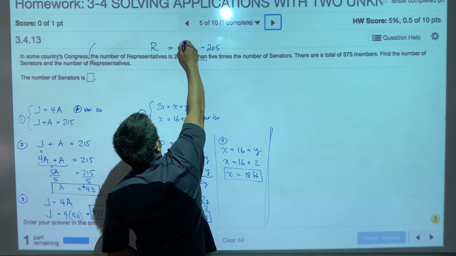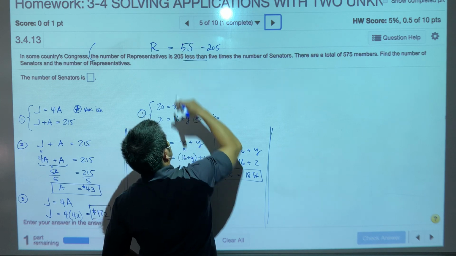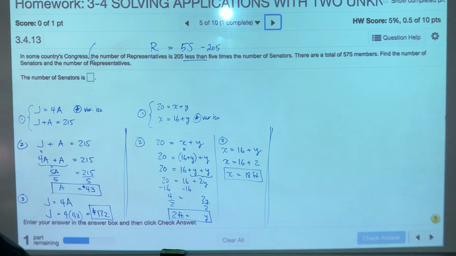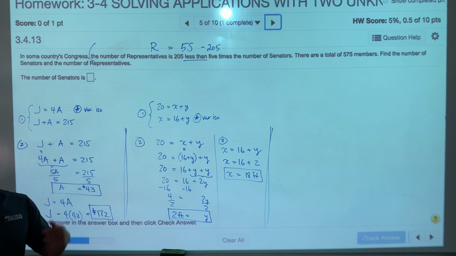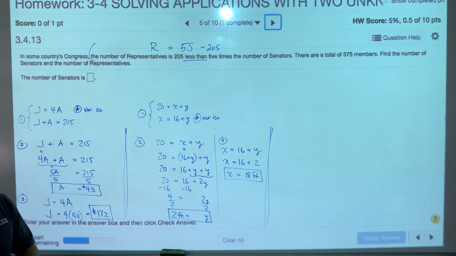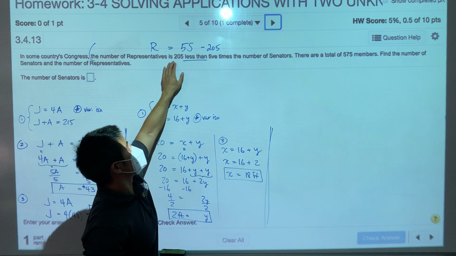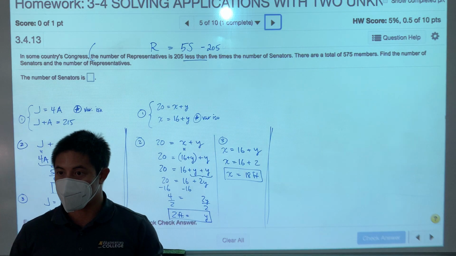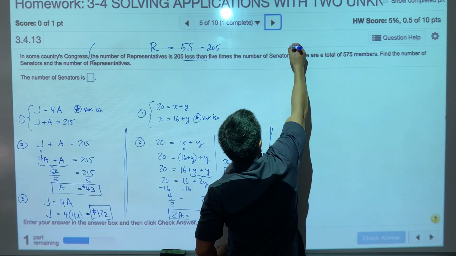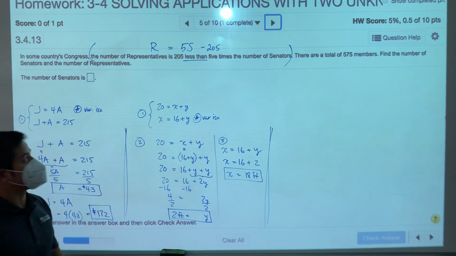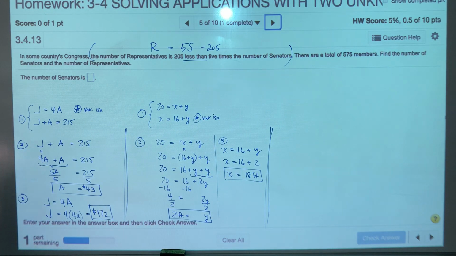Well, that's a pretty easy one. 5S, right? S stands for senators. 5S is 5 times the number of senators, and taking away 205 from that would represent the 205 less than. Got it? This is a very tricky sentence. There's a lot going on with it, but hopefully that helps you translate it.